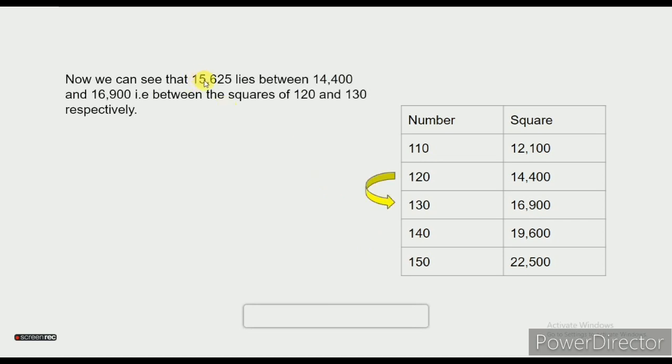Observing the table, we can see that 15,625 lies between 14,400 and 16,900. That is between the squares of 120 and 130 respectively.